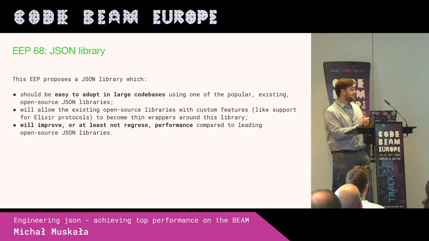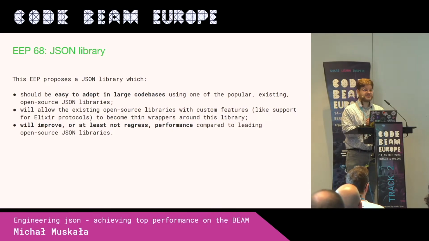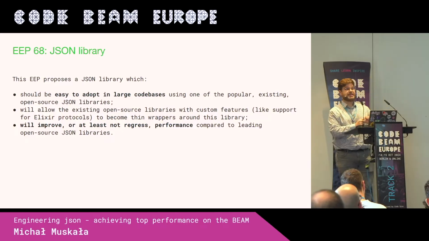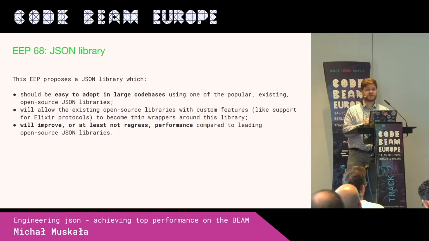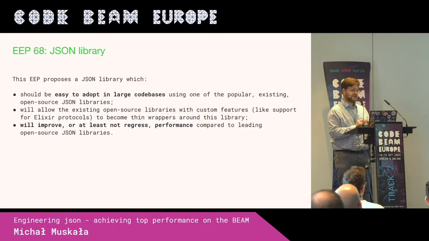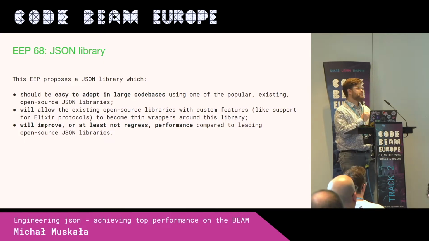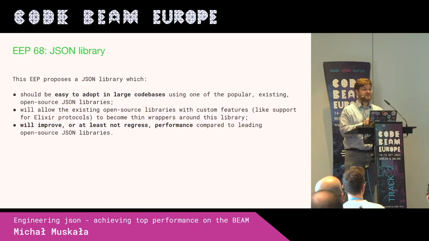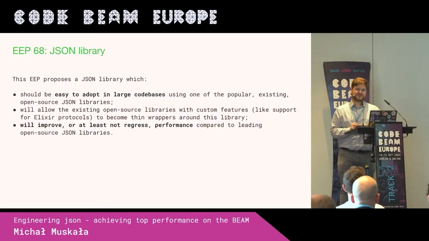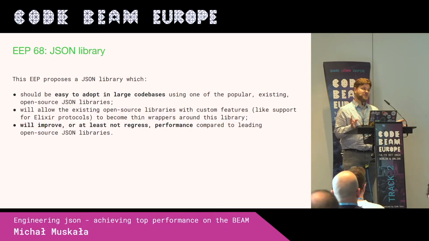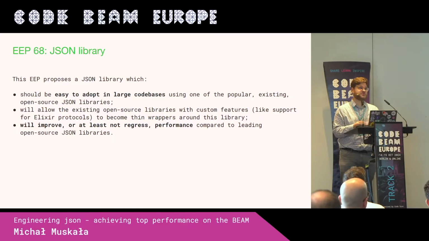And so I gave myself a couple of goals with the JSON library. One of them is that it should be easy to adopt in code bases using one of the existing libraries. So the migration should be fairly simple and possible, which implies that it should also be flexible enough to support all those different formats and different ways that people use JSON in the Erlang ecosystem.